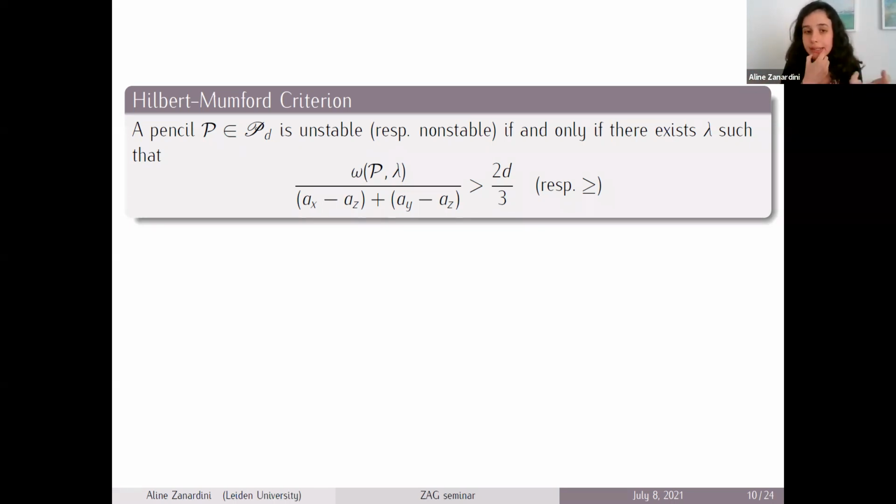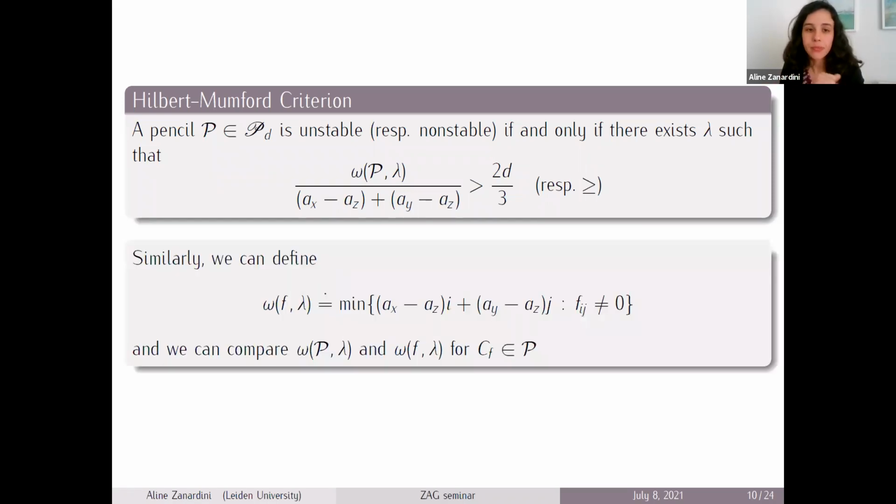And in particular, I can also define this omega for the curves in the pencil. And here's the definition. And then one observation is that if we fix a one-parameter subgroup, then we can compare the omega for the pencil with the omega for the curves that lie on it.